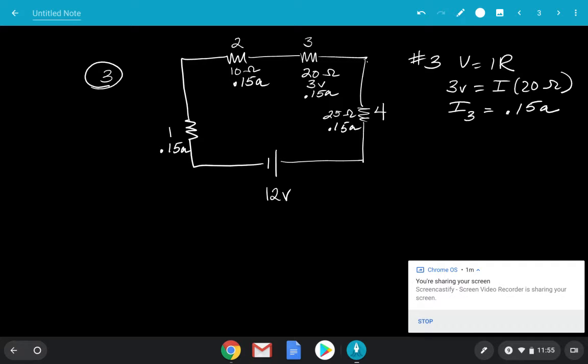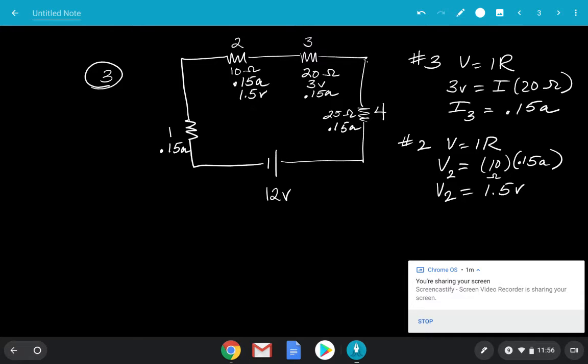So now if you look at number 2 and number 4, I know 2 of the 3 pieces of information. So I can use V equals IR and figure out the voltage on number 2. I'm going to go 10 ohms times 0.15 amps. I wrote those in reverse, but that's okay. So V2 is going to be 1.5 volts.